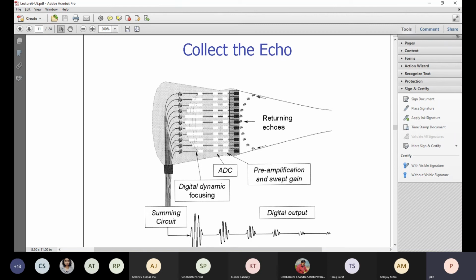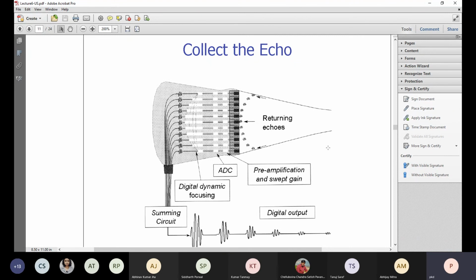So these are basically the distributions for an array of transducers, which can be thought of as an array of point sources, and then finally their collective patterns will be in the same fashion.